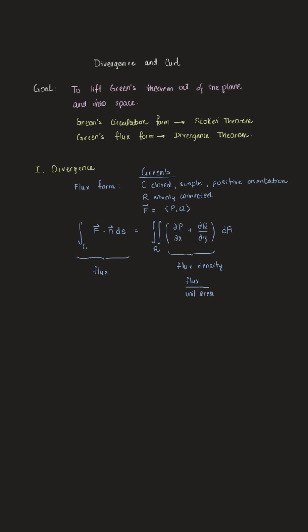And then if we multiply that by the area element and add everything up, then we have the pointwise flux over the entire region. So this is one thing that I said in class. This is a microscopic measure, the divergence, and the flux around the boundary or our curve is a macroscopic measure of the vector field.